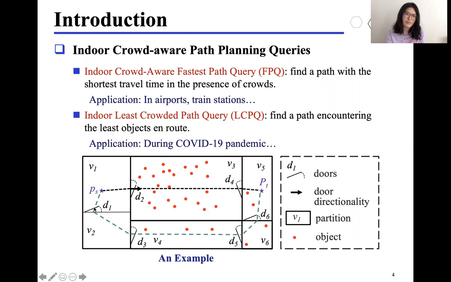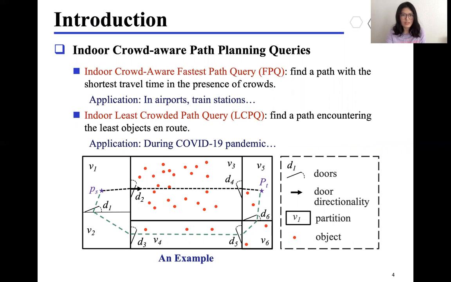So the green one may be the fastest path. This kind of query can be used in airports or train stations where people are more sensitive to time.